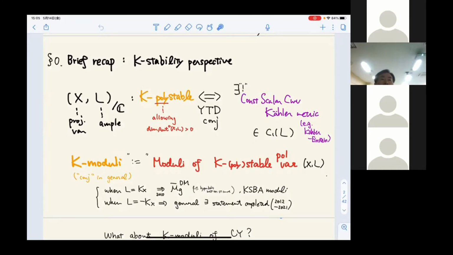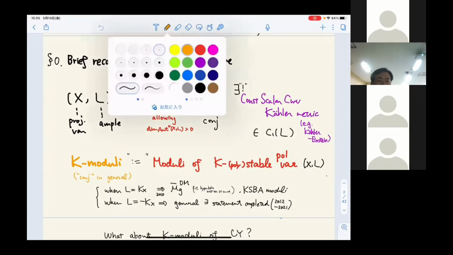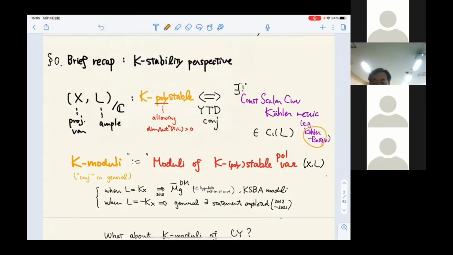The Kähler-Einstein case is when L is K_X numerically, with some constant a. But of course, in general, K and L could be independent.